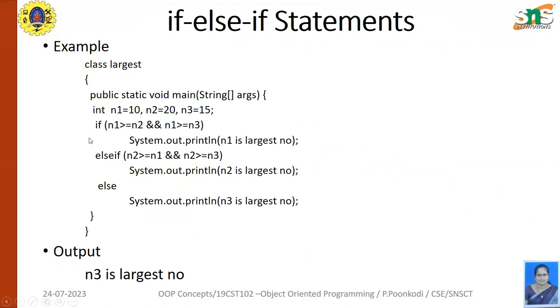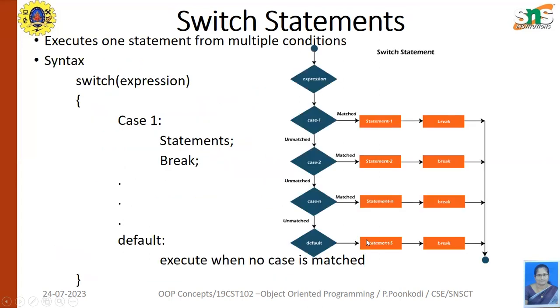Here we are using the if condition, and we are checking the three numbers in one condition itself. If this condition fails, then it will go for else if. If this condition also fails, then it will go for this else. According to this, these two conditions will fail, so it will execute this last else part alone.